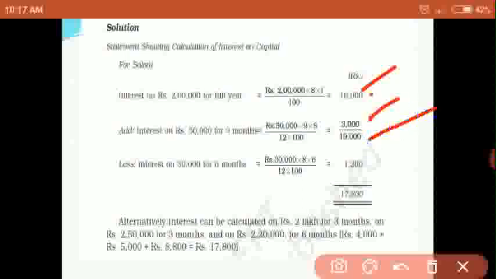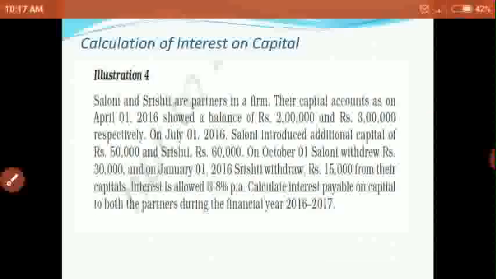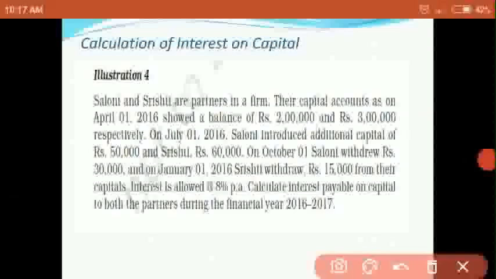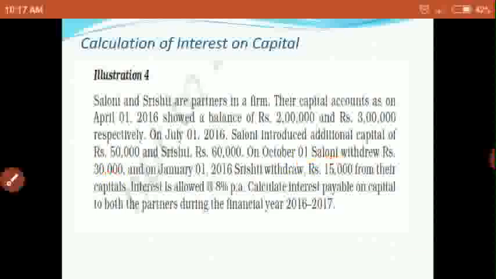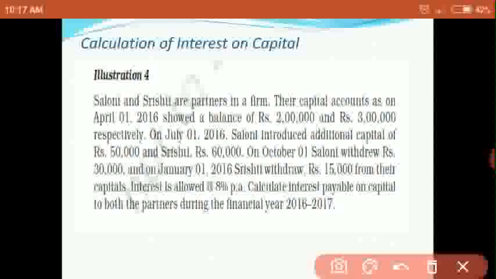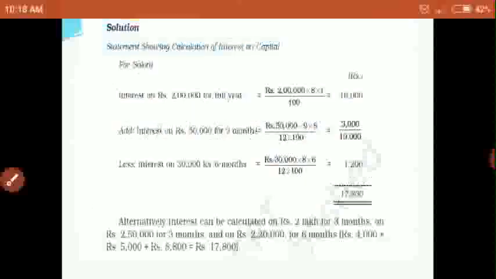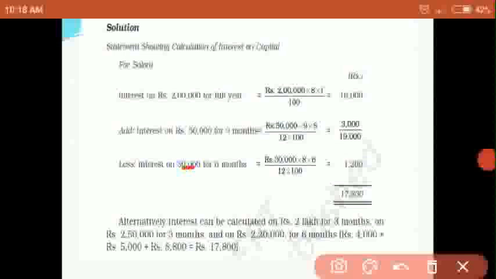Again, Saloni withdrew on 1 January. Right? Let's see the date. Saloni withdrew, not 1 January, sorry, on 1 October 2016, rupees 30,000. It means you have to deduct the withdrawn amount of capital, that is 30,000. For how many months? 6 months. How? Saloni withdrew on 1 October, means 1/10/2016.